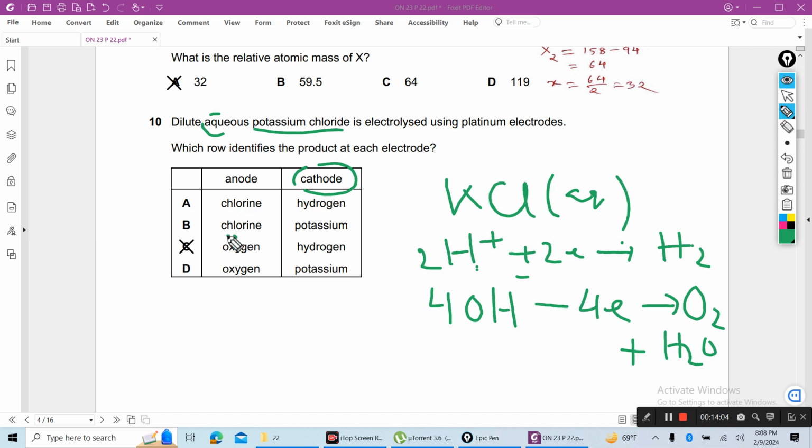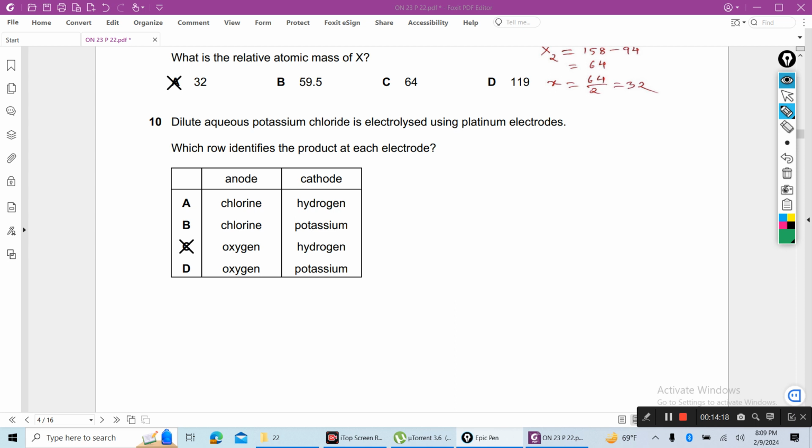So at the anode the product will be oxygen, at the cathode the product will be hydrogen. As it is dilute aqueous, that's why at the anode oxygen will be produced and at the cathode hydrogen gas.